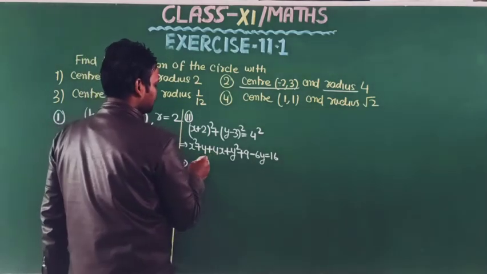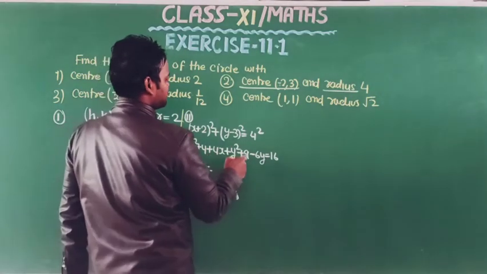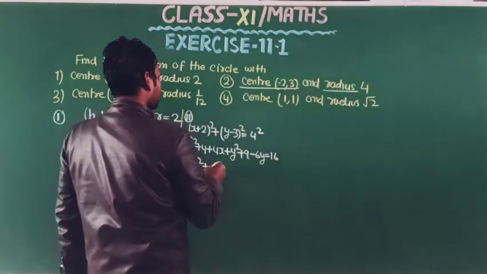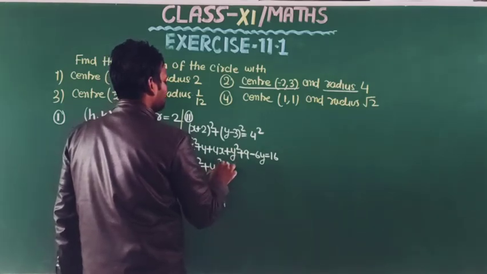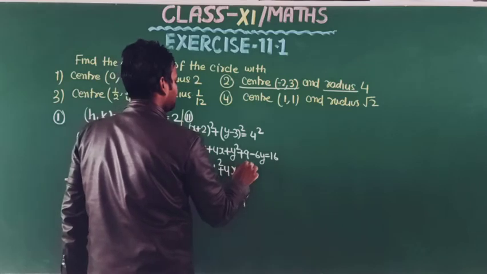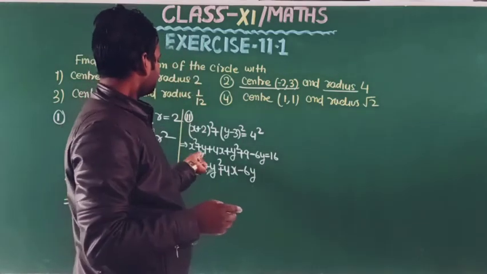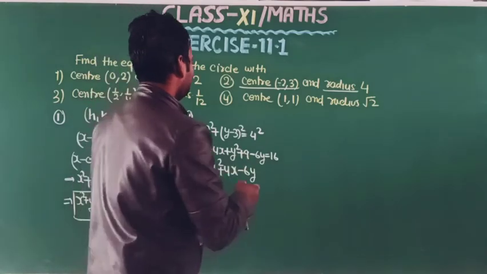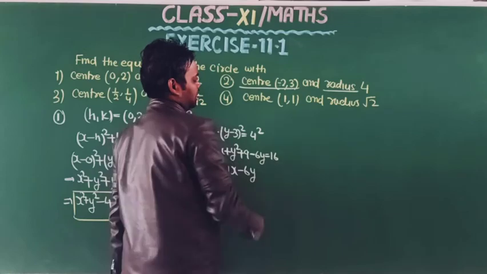So this is x square plus 4 plus 9, 13. Okay, x square plus y square plus 4x minus 6y, and 4 plus 9 is 13 and 16 minus 16 on left side.